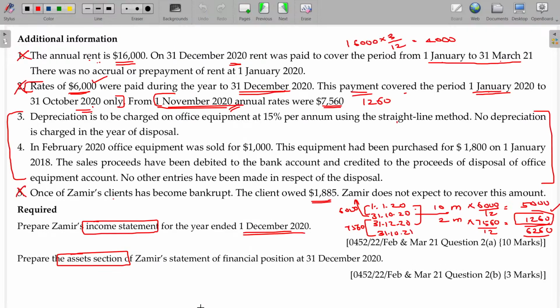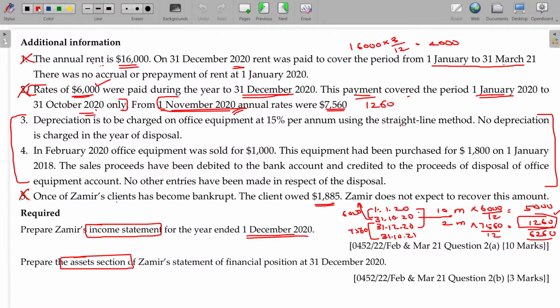So now we are left with the third and fourth points to be covered. Now I need to complete point number 3 and point number 4 together. Depreciation is to be charged on office equipment at 15% per annum using straight line method. No depreciation is charged in the year of disposal.